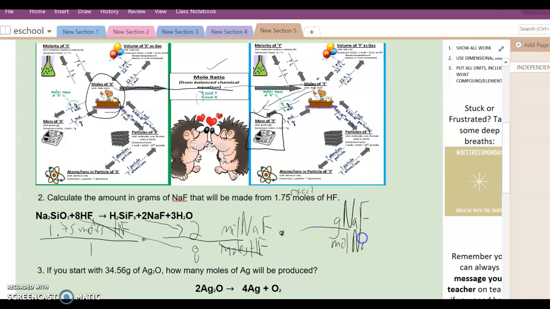Mole NaF. What does it tell me to put in there in the bottom? It tells me to put the number 1, so I will. Grams, this is where I'm actually going to have to use my periodic table. So Na and F. Now, this can be confusing because our balanced chemical equation says 2 of them. But really all we're paying attention to is how many is in 1 Na and 1 F. So let me put up my periodic table.